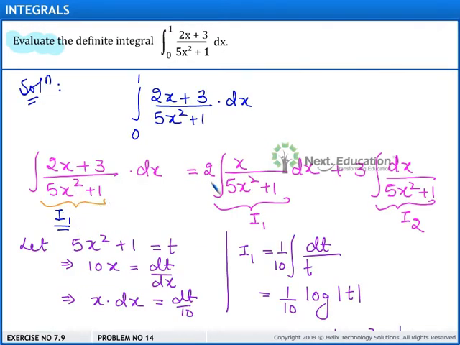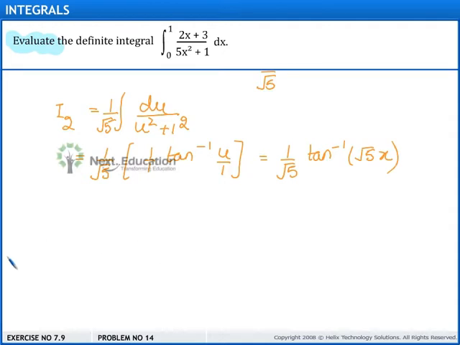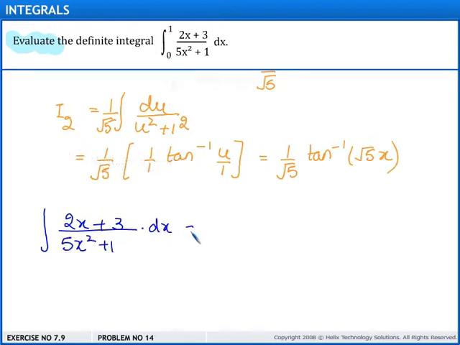Now this integral is equal to 2 into I1 plus 3 into I2, that is integral of (2x plus 3) upon (5x square plus 1) into dx is equal to 2 into I1 plus 3 into I2.